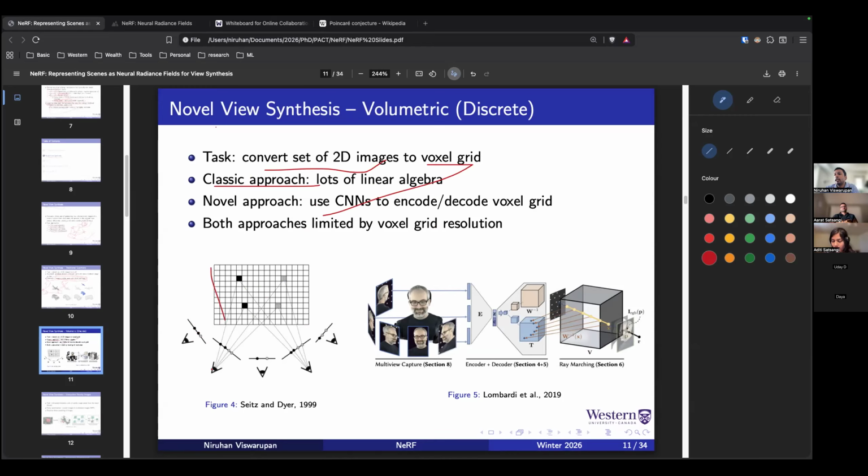They take views and the camera's intrinsic and extrinsic parameters, draw a lot of lines, and take the intersection between multiple views to pinpoint what color is there. People did a lot of algebraic work in the past, but after CNNs came into being, people started using CNNs to encode and decode voxel grids.